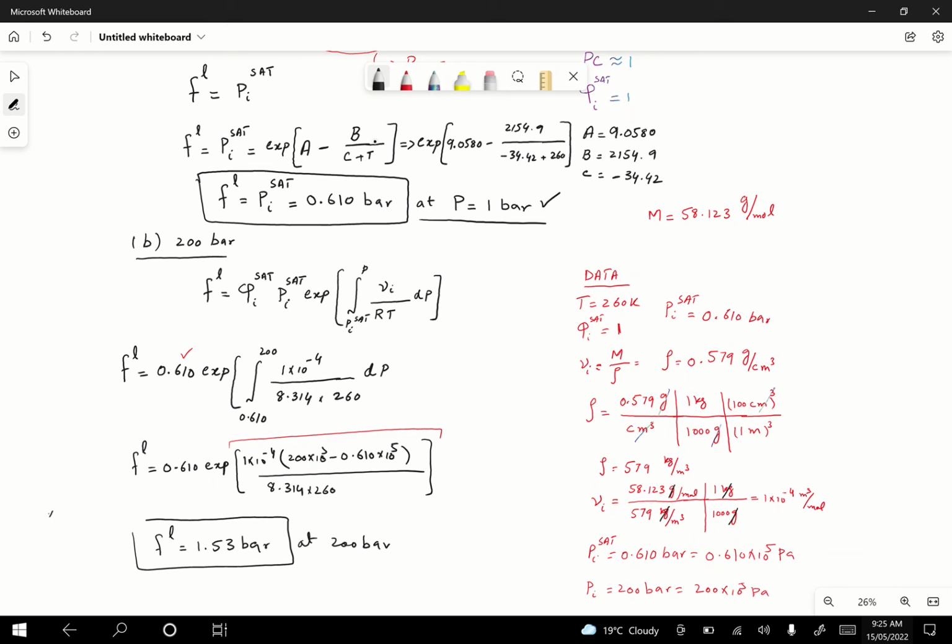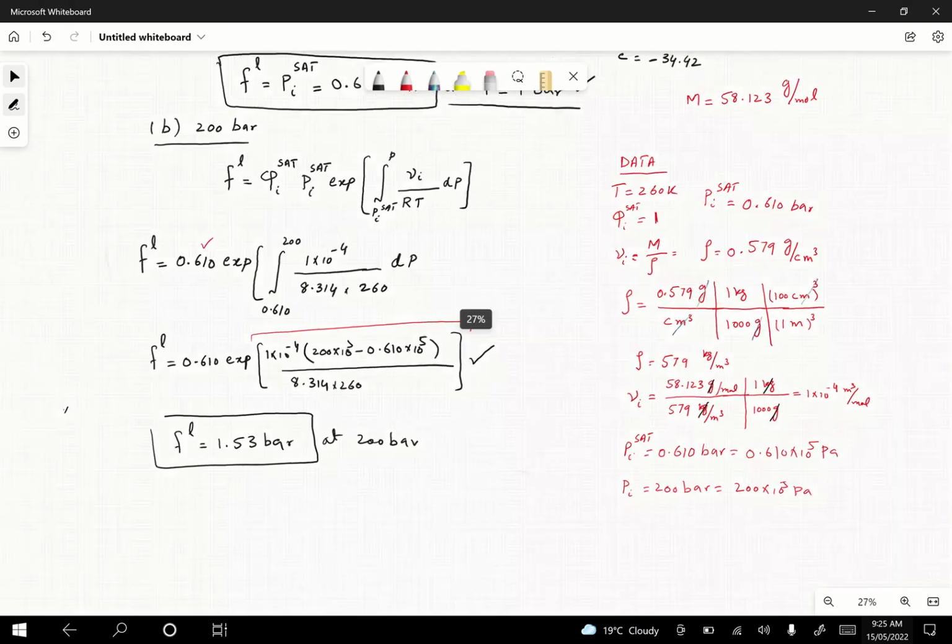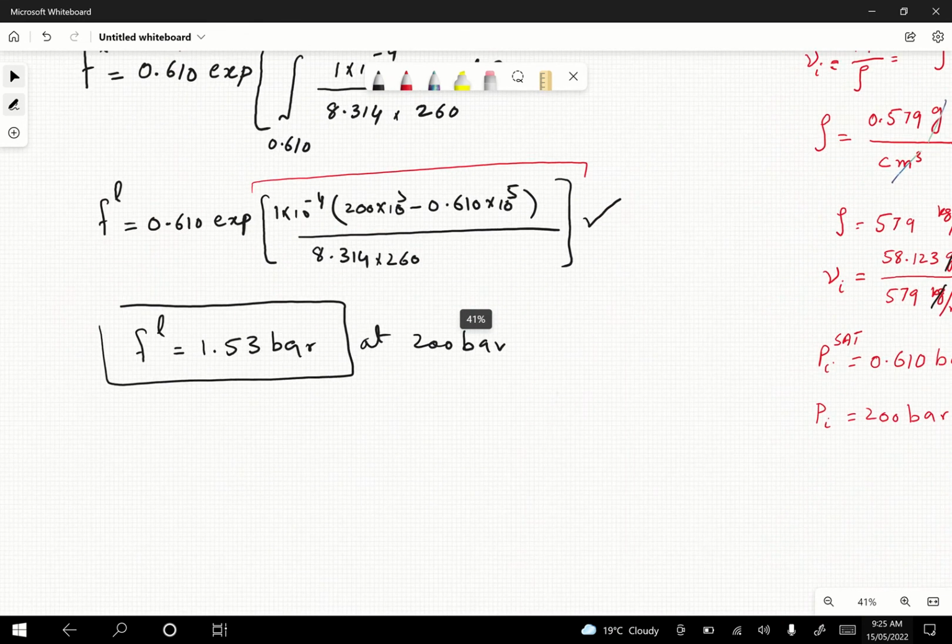Now coming back to this unit conversion, I can explain how these units are cancelled out.